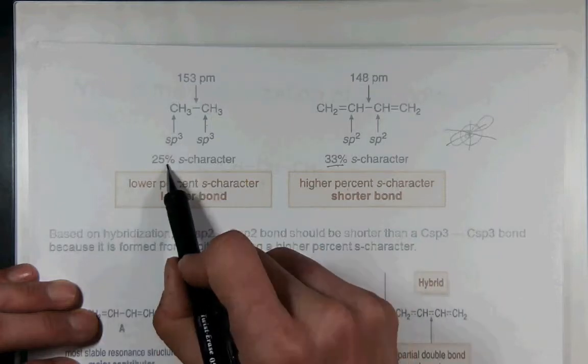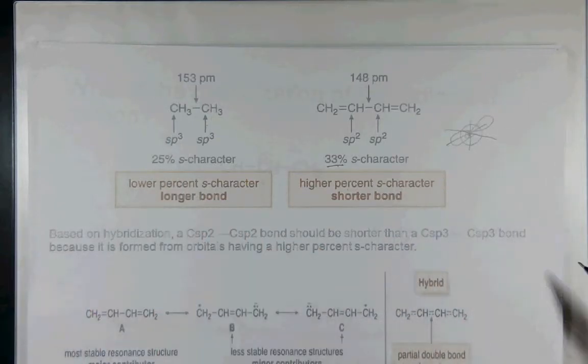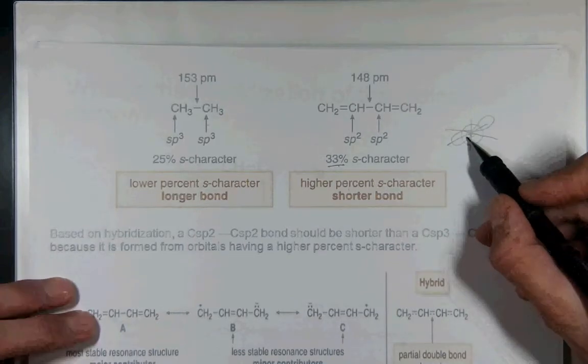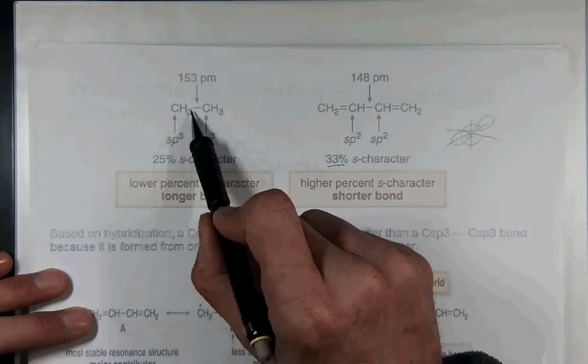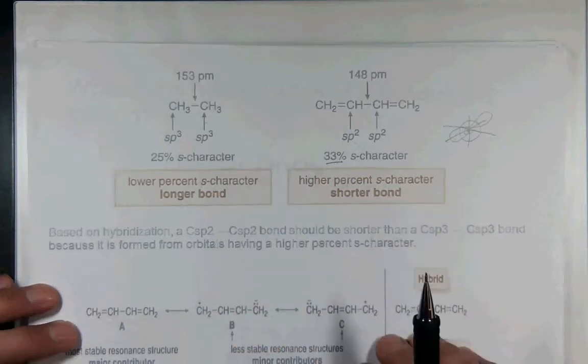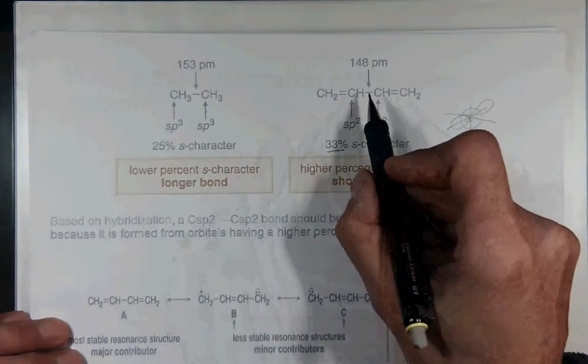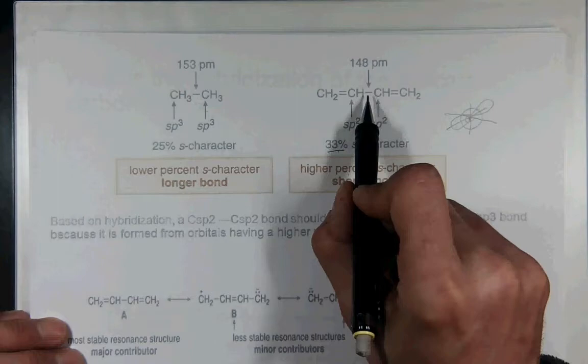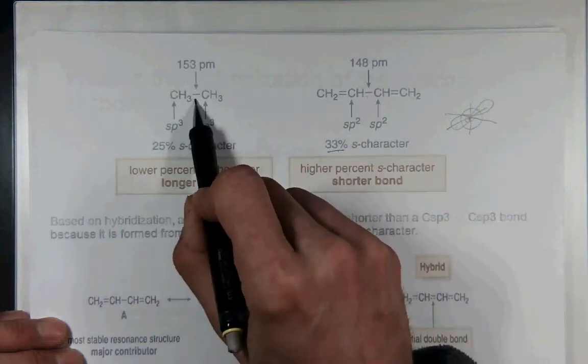If it's sp3, the s character drops, and the electrons are not held as tight, so the bond is longer. Here they're explaining why this bond is shorter in a conjugated system than in a regular isolated system.